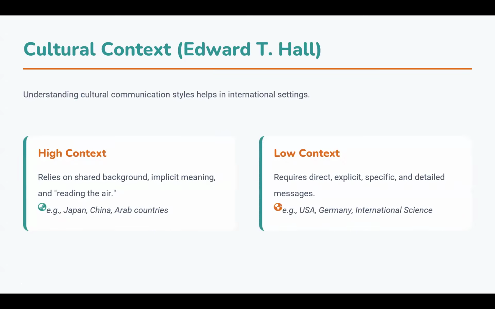Now, Edward T. Hall talks about something called the cultural context of research communication. In your communication of research, are the people involved in your presentation culturally sensitive or insensitive?